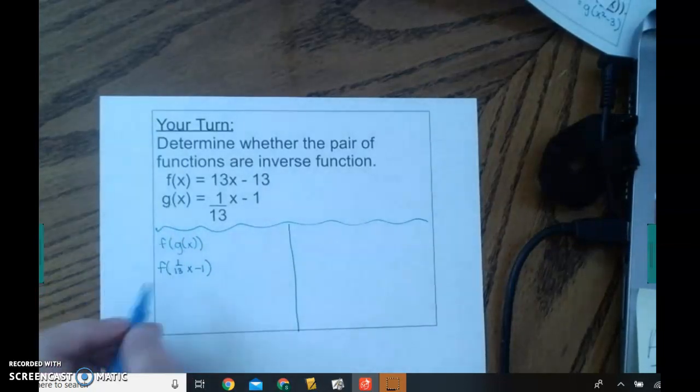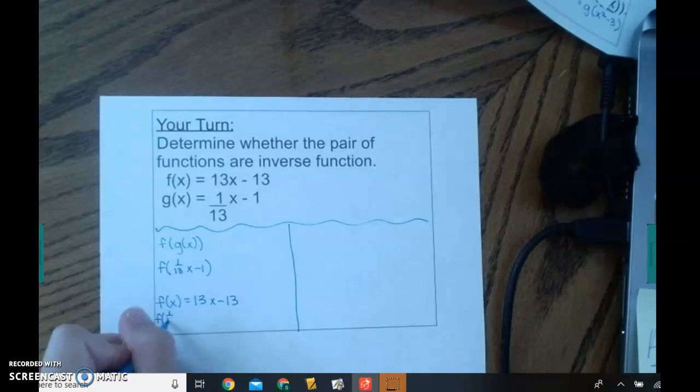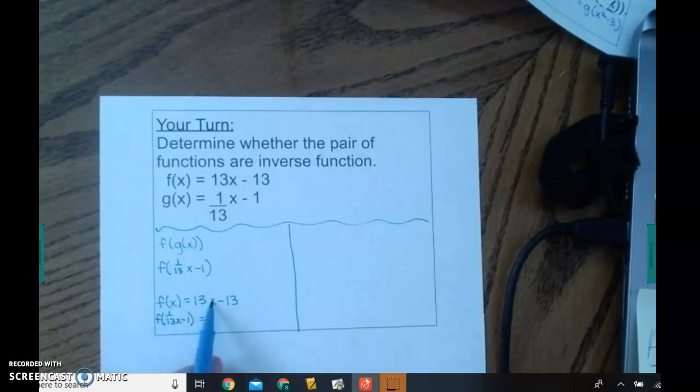Now I'm going to take my f of x function and find f of 1/13 x minus 1. That means everywhere I see an x, I have to substitute this in. So 13 parentheses 1/13 x minus 1, minus 13. I substituted this in for the x in my f of x function.